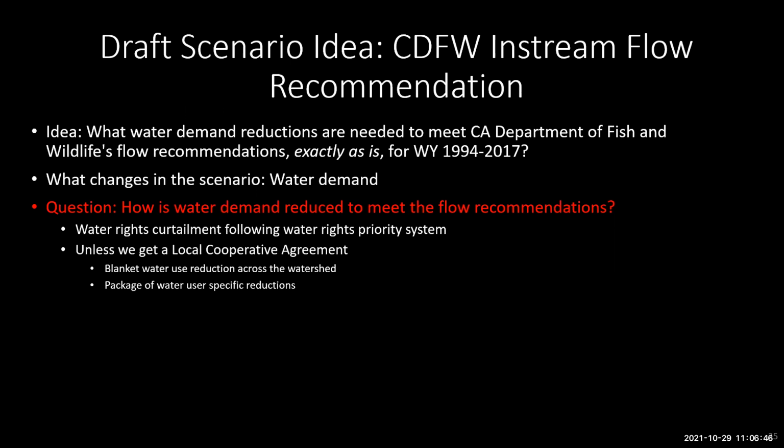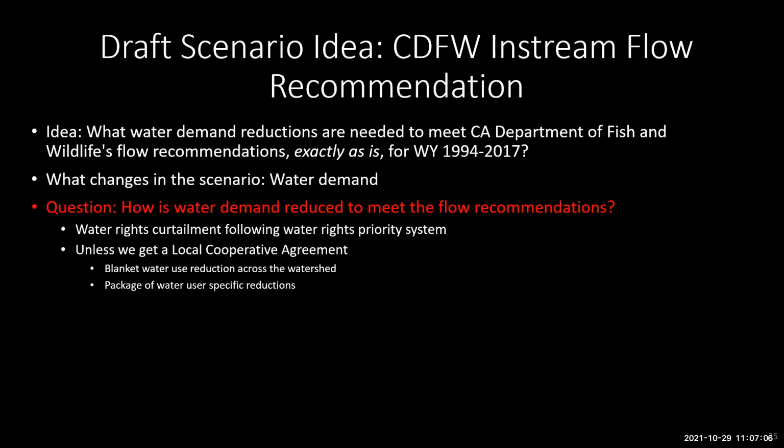Third point that we learned from our modeling for Upper Ventura River is that the timing and location of pumping matters. So these concepts of blanket water use reductions probably aren't the most efficient way to meet various objectives.